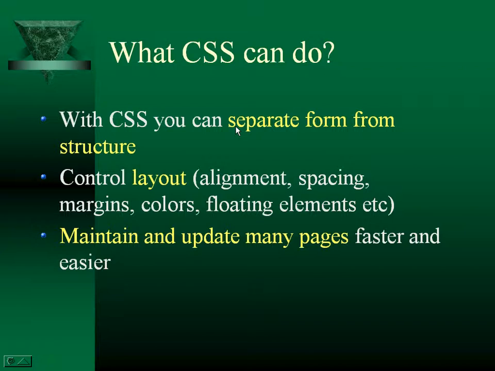Using CSS, we can control the layout of the web page document by alignment, spacing, margins, adding colors and giving values to the floating elements, etc. Using cascading style sheets, it is very easy to maintain and update many web pages faster and easier.